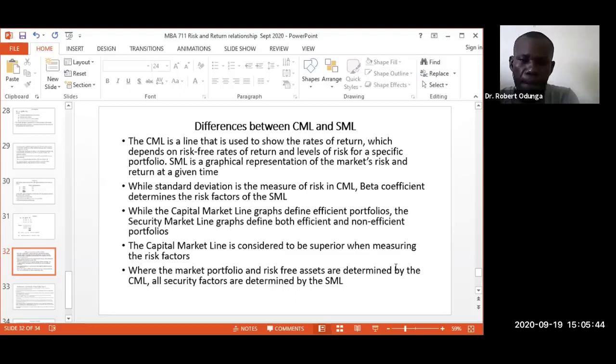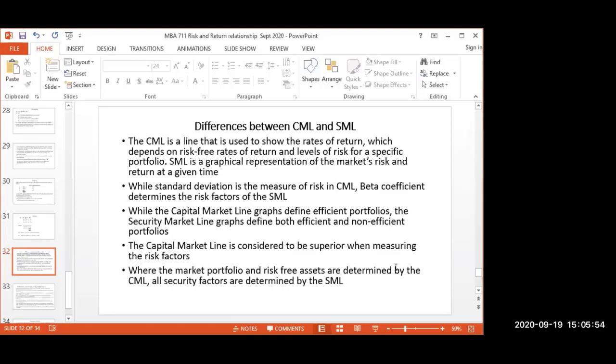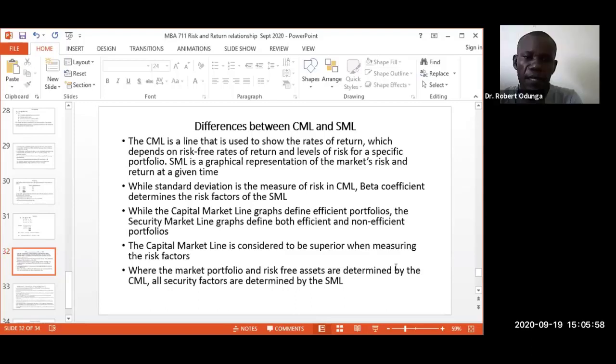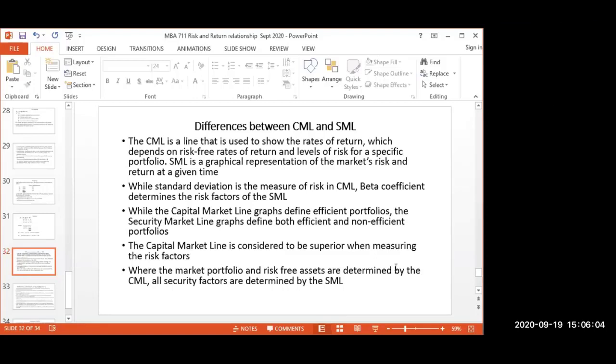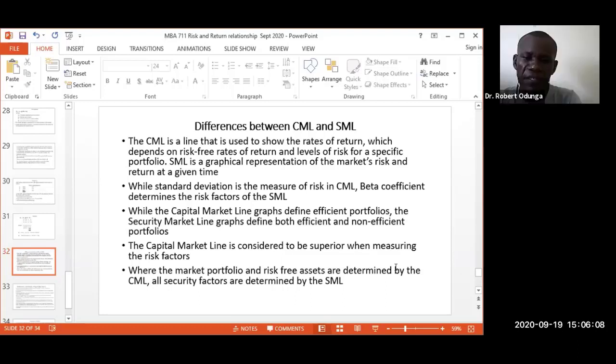That represents the risk attached to any particular security that you invest in. Next, while the CML graphs define efficient portfolios, security market line graphs define both efficient and non-efficient portfolios.